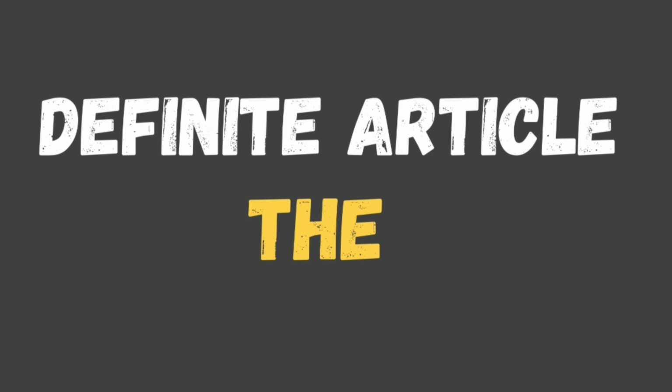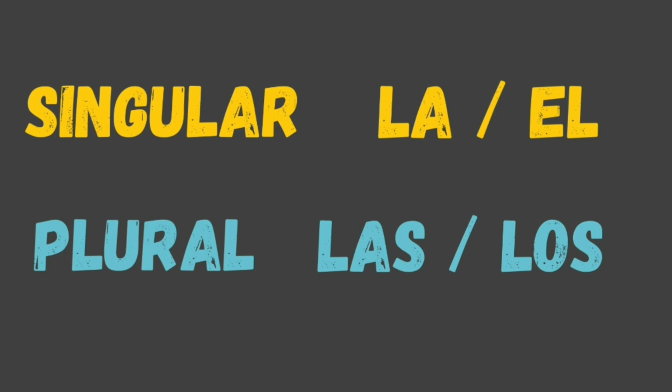In Spanish, it's going to be different, okay? In Spanish, for singular, we're going to use the definite articles la and el. We use the definite article la when we're talking about female gender, when the nouns have a female gender, for example, the moon.